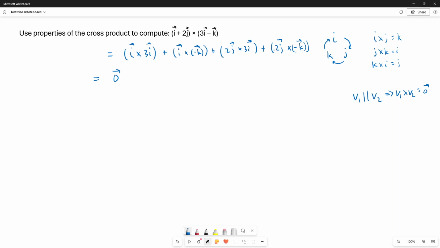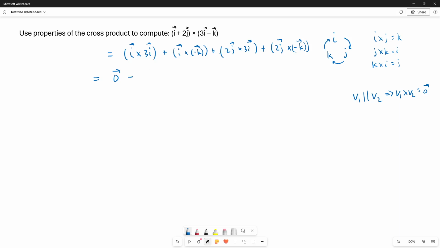Now we have some coefficients to deal with, and scalar multiples can factor out of the cross product. So this minus can factor out of the cross product, this 2 and this 3 can factor out of the cross product, and this 2 and this minus can factor out of the cross product. So I could have written minus i cross k here and plus 6j cross i, etc. So we're going to write that now.